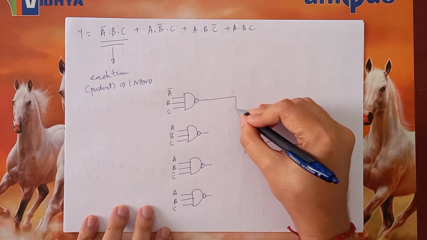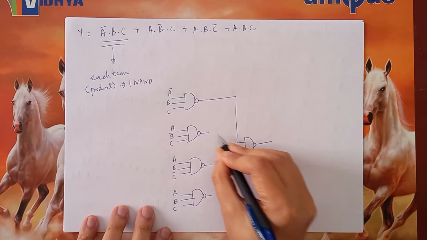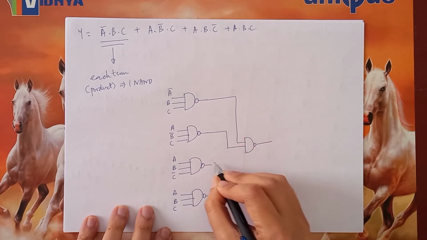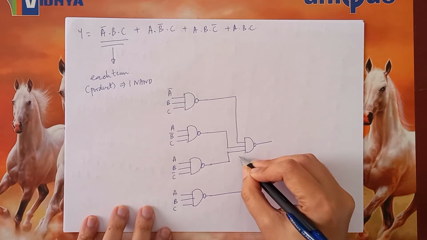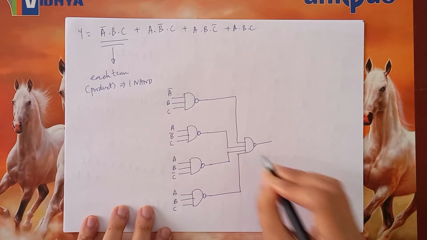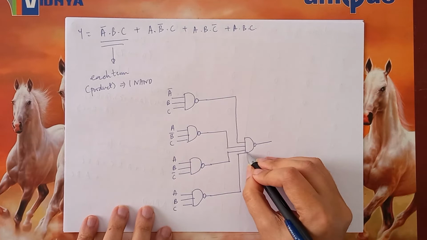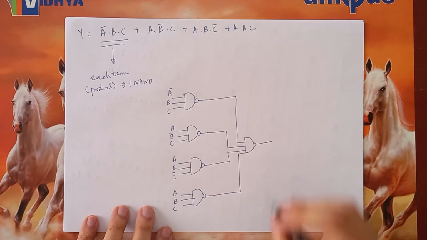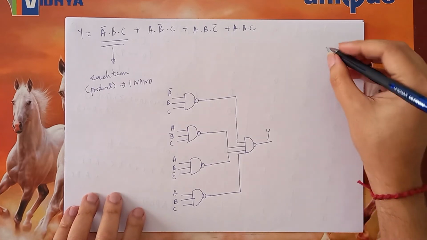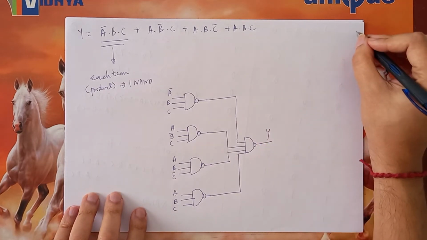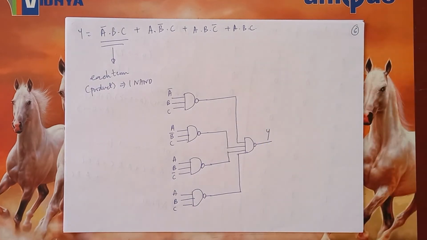So that is the way, and we have a Y over here. Now you may ask, how does this work? How do we know this is working?